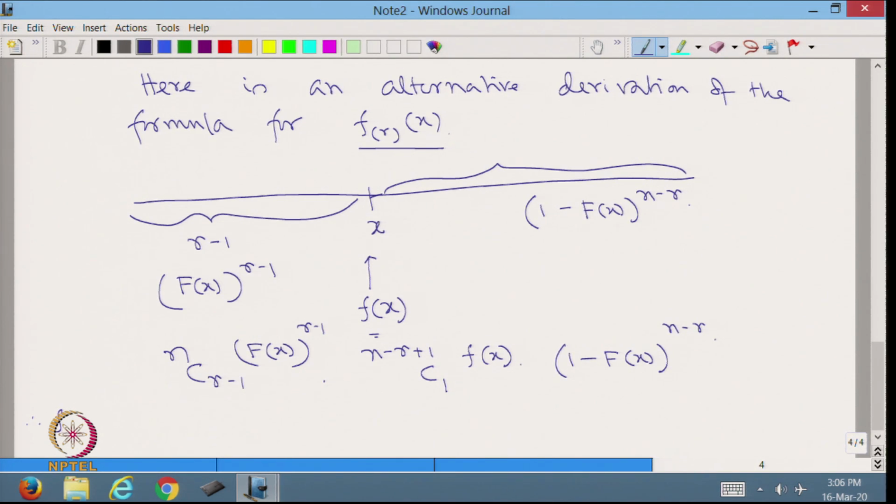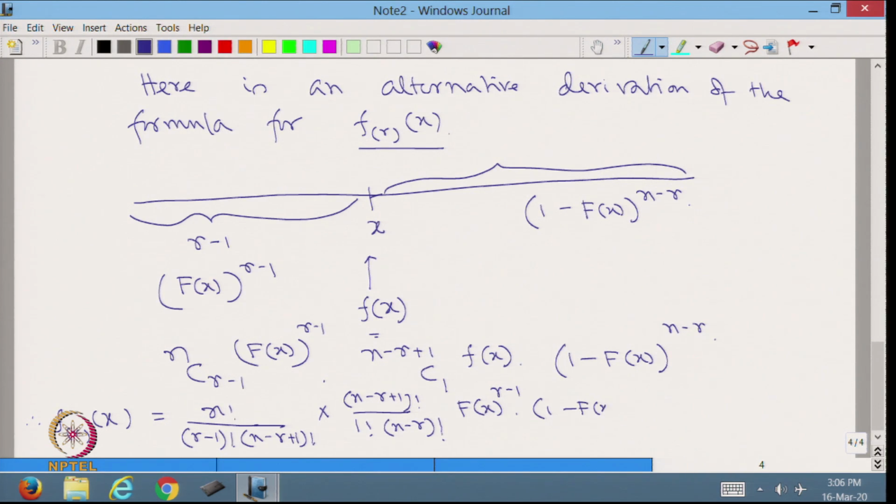Therefore, f_r(x) is equal to factorial n upon factorial r minus 1 into factorial n minus r plus 1 into, let me take out the constant, (n minus r plus 1) factorial upon 1 factorial into (n minus r) factorial, multiplied by F(x) to the power r minus 1, 1 minus F(x) to the power n minus r, multiplied by f(x).